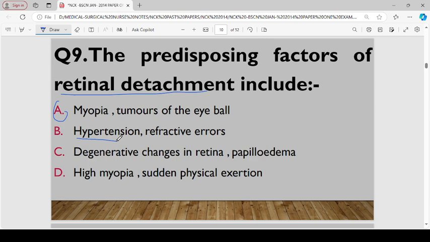Hypertension, yes, it can also predispose, but not all refractive errors, right? Refractive errors like hyperopia do not. So it makes this option wrong. Degenerative changes in the retina, yes, but papilloma it doesn't cause. High myopia and sudden exertion. The exertion is not widely recognized as a risk factor for retinal detachment.